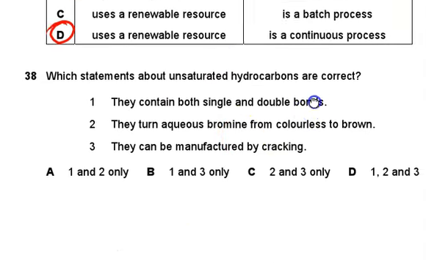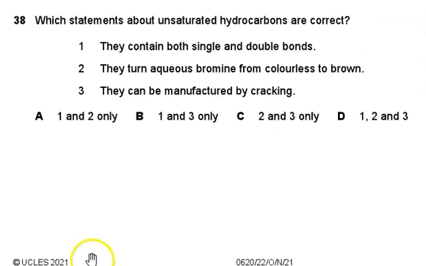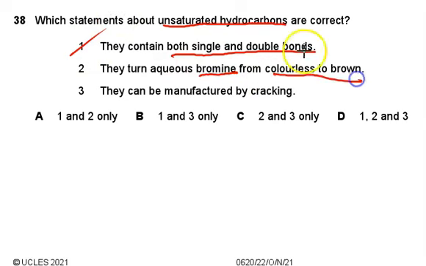Okay, number 38. Which statements about unsaturated hydrocarbon are correct? Unsaturated hydrocarbon means it is with a double bond. So they contain both single and double bonds. Yes, is correct. They turn bromine from colorless to brown. This is not correct. They'll change the brown to colorless.